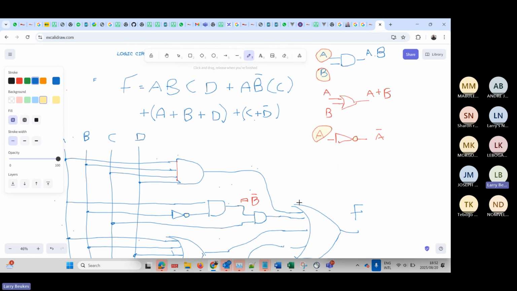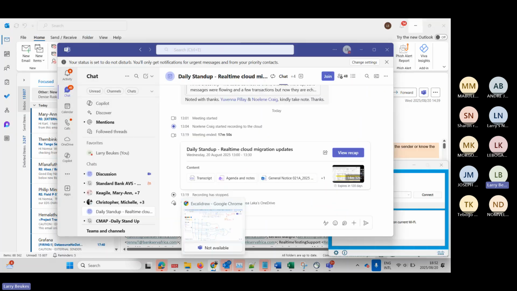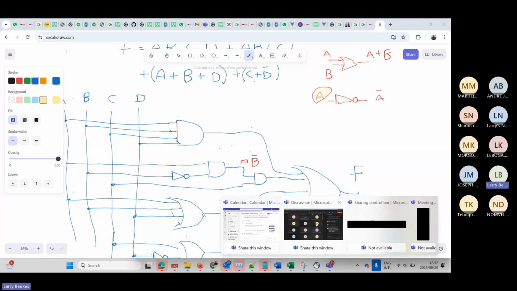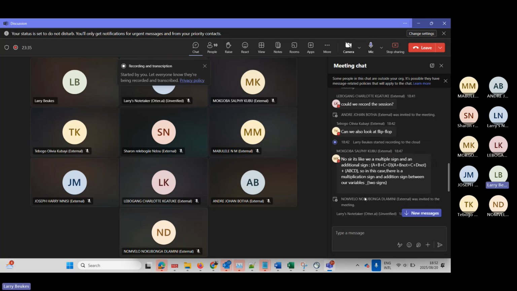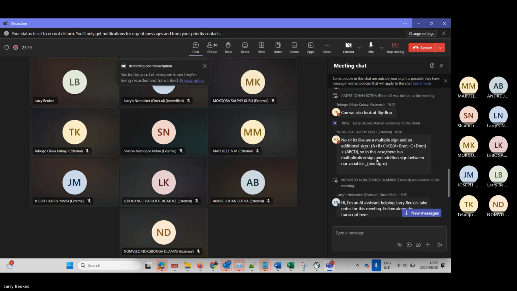Any questions, guys, regarding the logic gates, logic circuits? We check in the chats. It's like we multiply sign and addition sign. You know, you can always talk. Eh? It's difficult to read here.